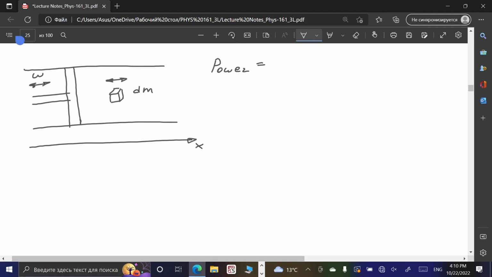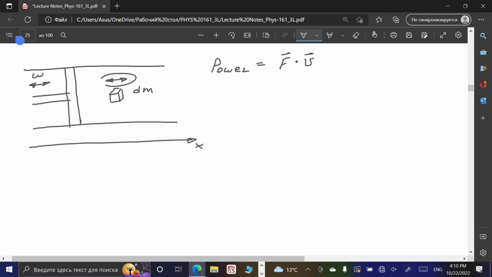Power is equal, by the way, what is the definition of power? It's work over time, the rate of work done, in this case by this piston. So that will be the dot product of force vector and velocity vector, and we can consider the velocity vector of this element of air.